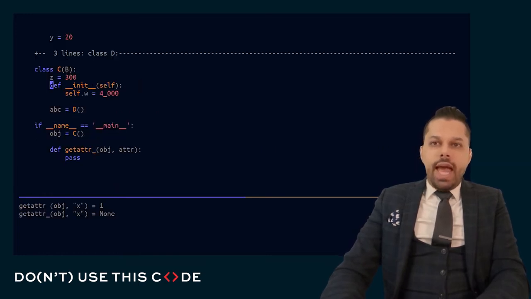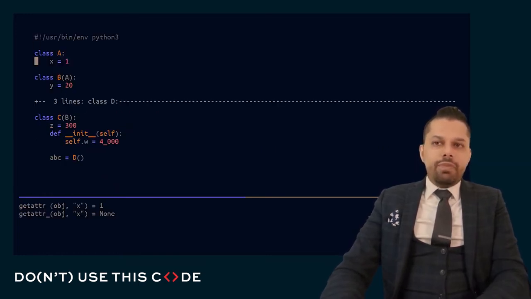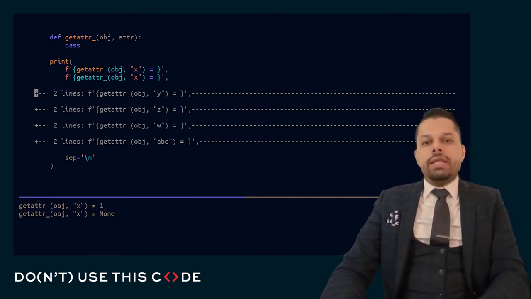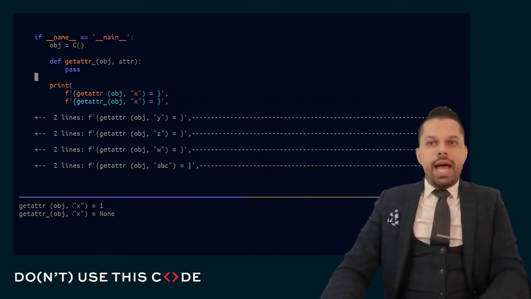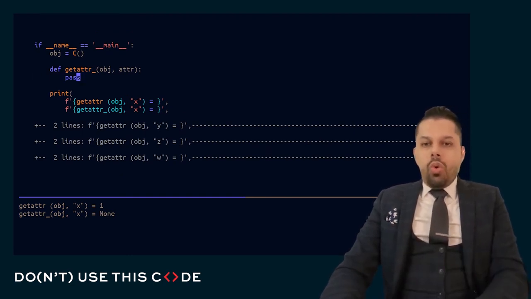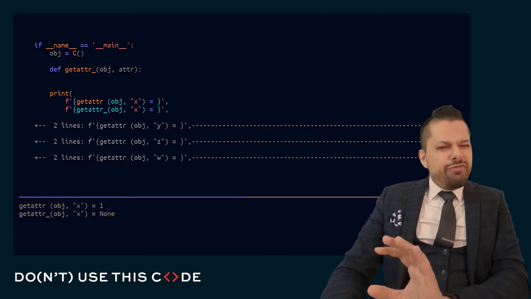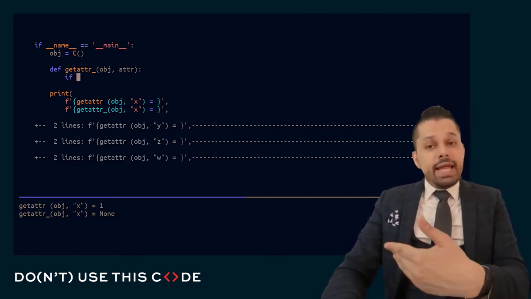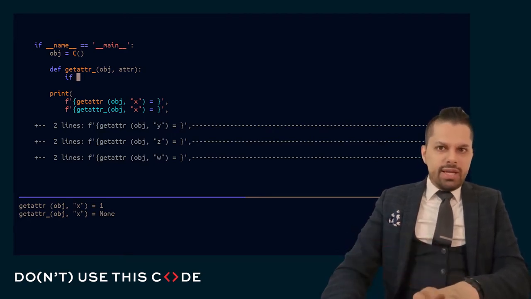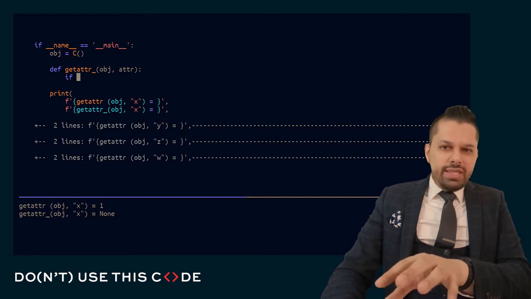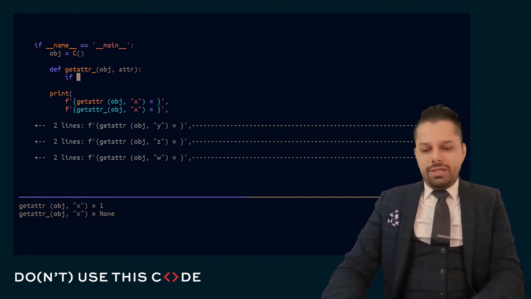Well, here, X is coming from A, and we know that it's not found in the underlying instance. It's being found in the basemost class, and so we have to implement a couple of different mechanisms. One of the things that we might say is, the very first place we're going to look for an attribute is in the instance state, and assuming that we don't care about slots here, and between you and me, we care about slots much less than a lot of people seem to think we care about slots.